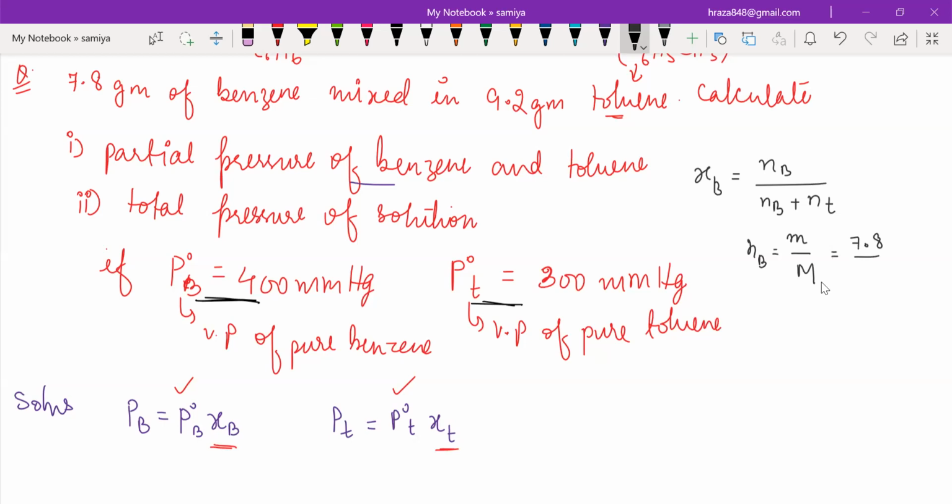Please do let me know. C6H6 is the chemical formula. So according to that formula, please let me know the molar mass of benzene.